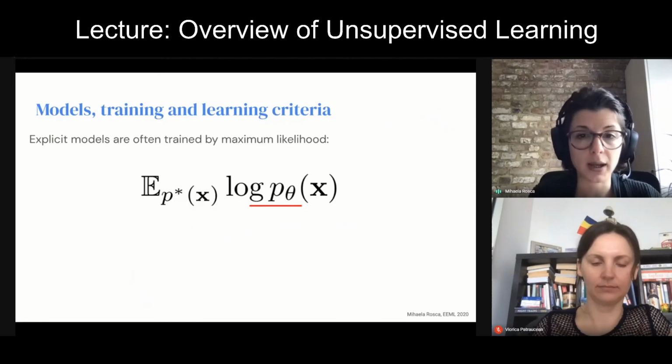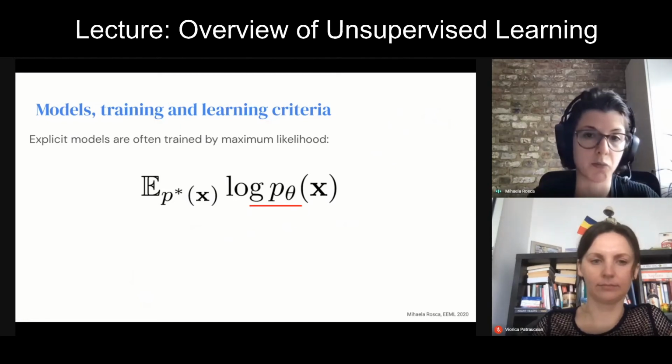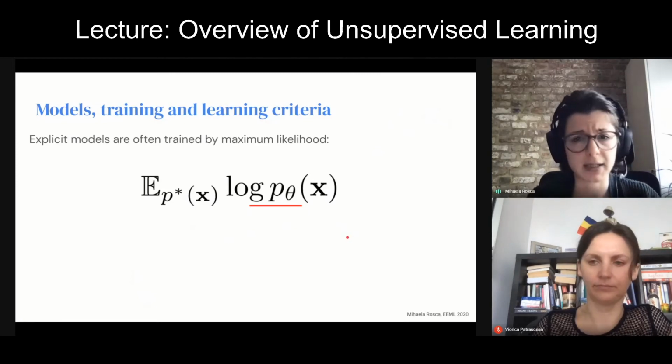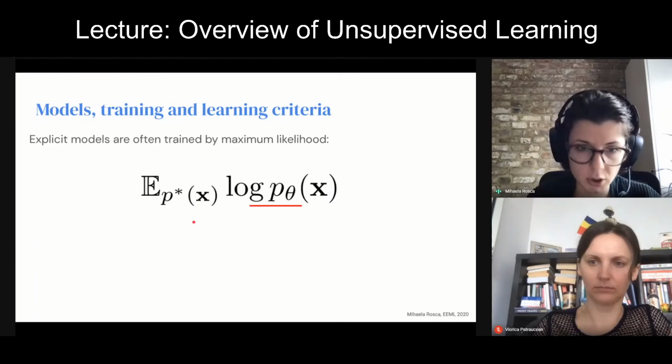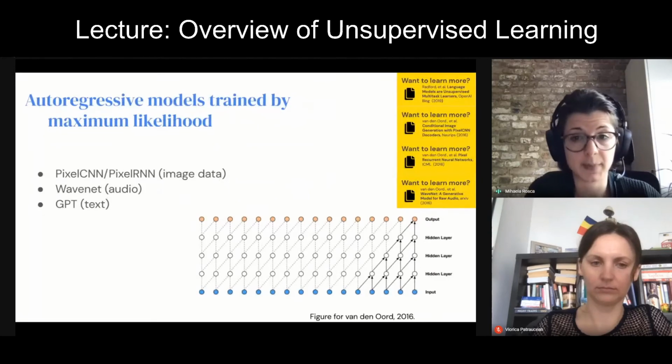Let's look now at a few combinations between models and learning criteria and how amenable they are to different updates. We've seen maximum likelihood. It has an expectation under the data and a log probability under the model. And we've seen that you have different types of explicit models.